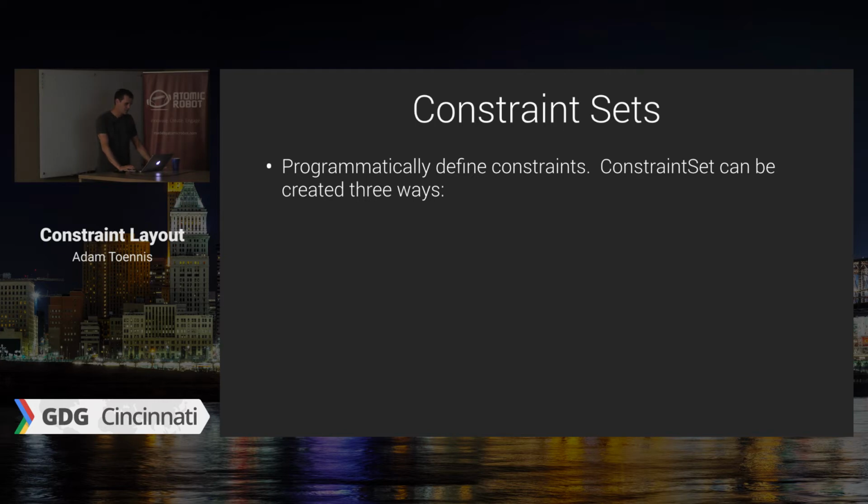So constraint sets. It's a way to programmatically define constraints. Let's go through this. So you can do this a few different ways manually. There's the constraint set object, and you just instantiate it. And then you can manually build this by calling the connect method.